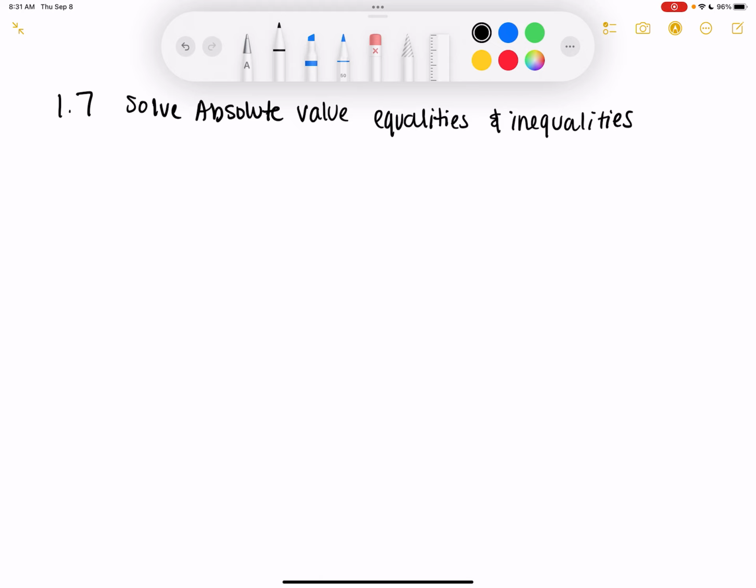All right, so first one, decide whether the given number is the solution of the equation. So we're literally just plugging it in. Number 4, we have the absolute value of d plus 6 is equal to 10, and it wants us to do it for negative 4.